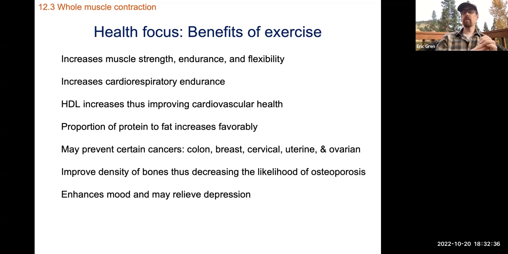Also, impact exercise is really important for bone health. It turns out that as you are compacting bones, so think about when you're running, right? Every time you land on your feet, you're producing impact forces across the long bones in your legs, right? Tibia, fibula, and the femur.